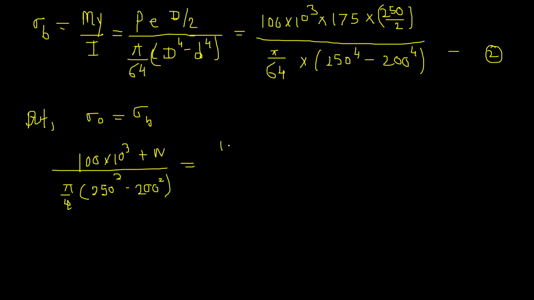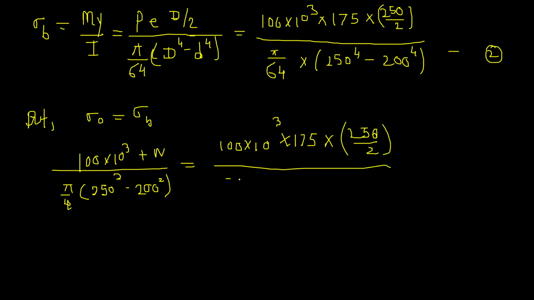Sigma b is this: 100 into 10 to the power 3 into 175 into 250 divided by 2 divided by pi by 64 into 250 to the power 4 minus 200 to the power 4. ओके, त्याला जर solve केलं तुम्ही तर तुम्हाला directly W ची value भेटून जाईल.